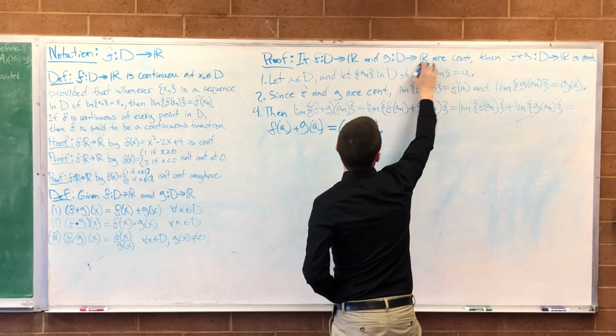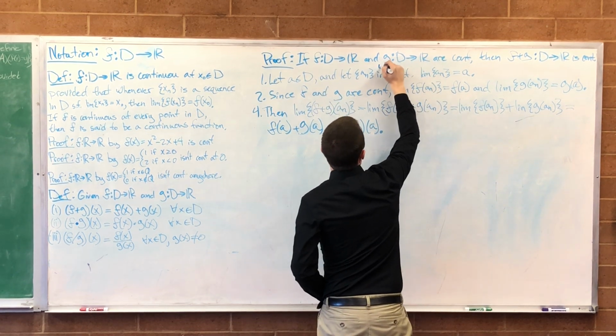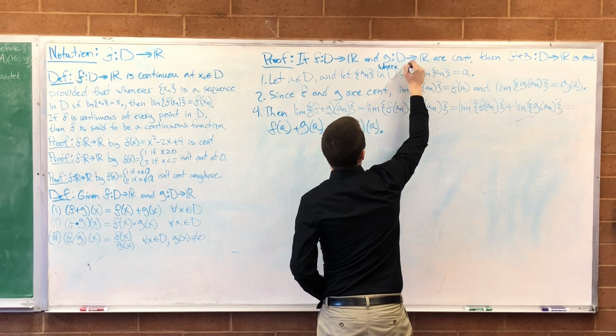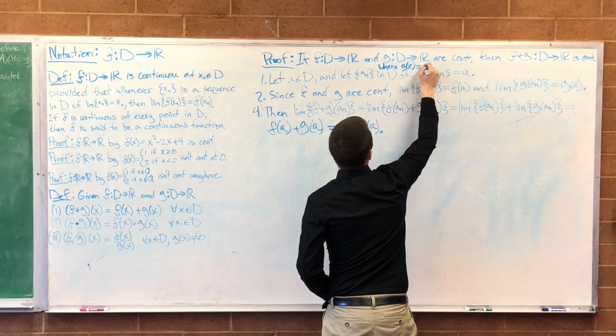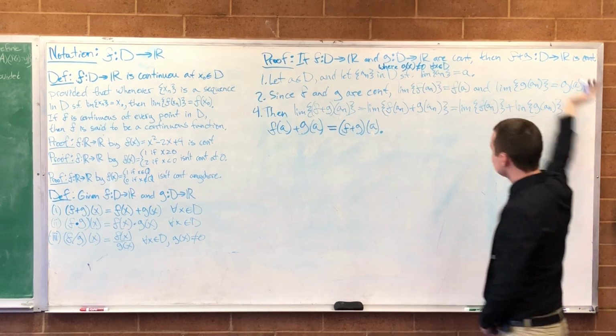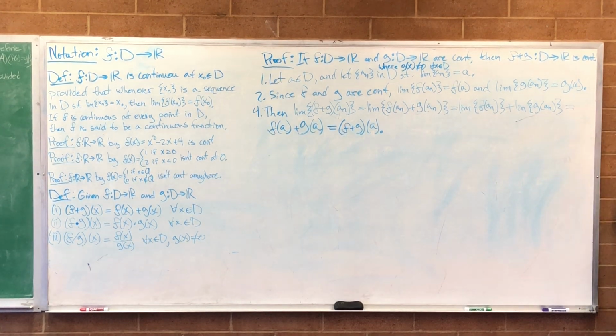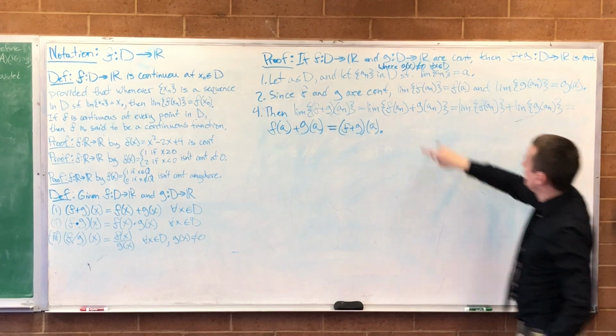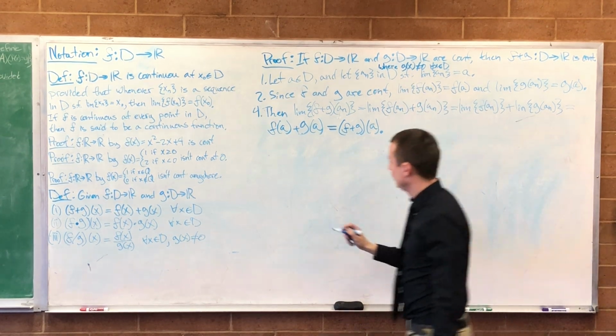If f and g are defined on D, where g of x is not equal to 0 for all x in D, and is continuous, then the same conclusions hold. We had the same restriction when we talked about the limit of a quotient.